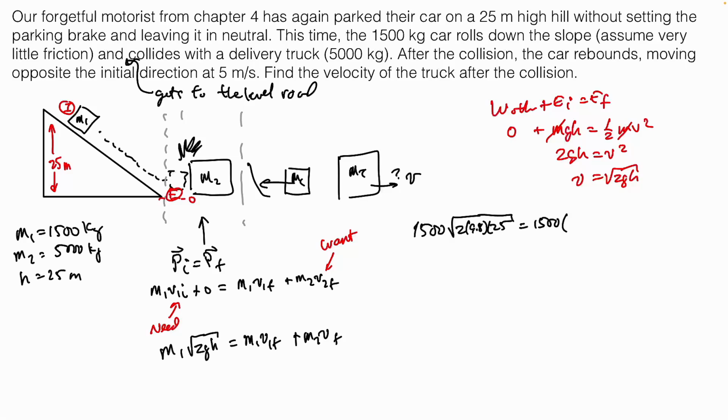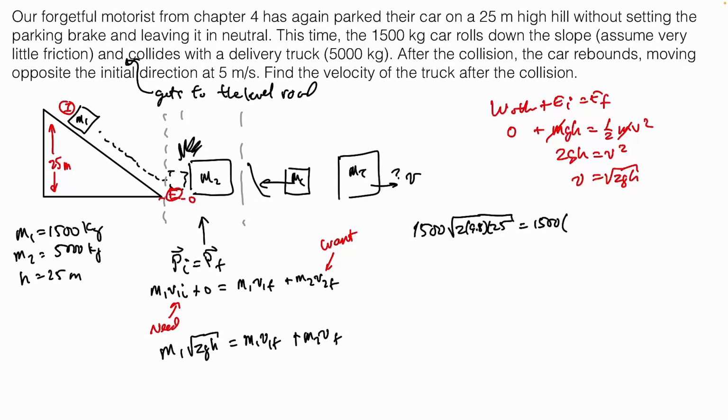Why do we put in -5? Our square root of 2gh, which was our V1 initial, we put in as a positive number, right? That's moving to the right when it collides. What happens to the car after? We are told it's moving which way? Rebounds, moving opposite the initial direction.